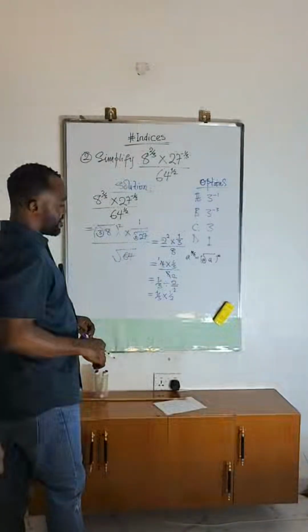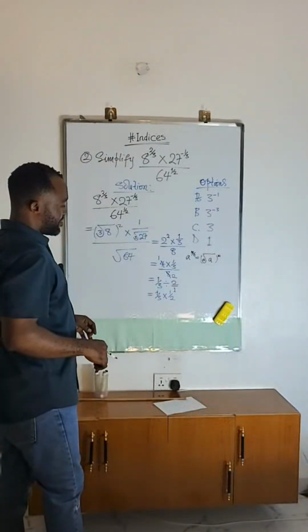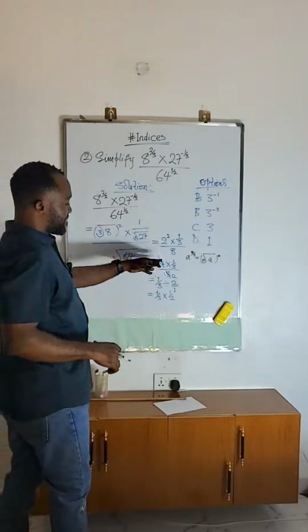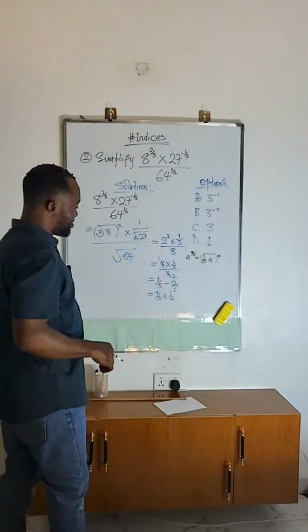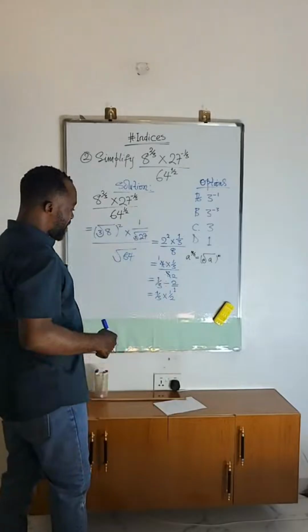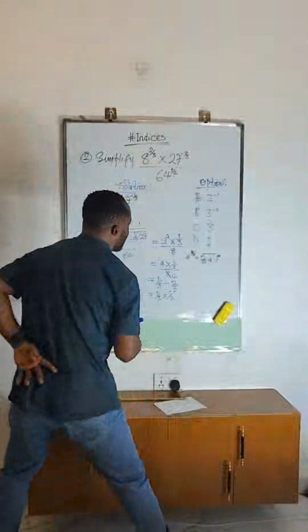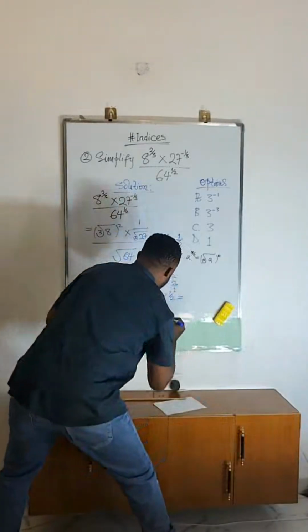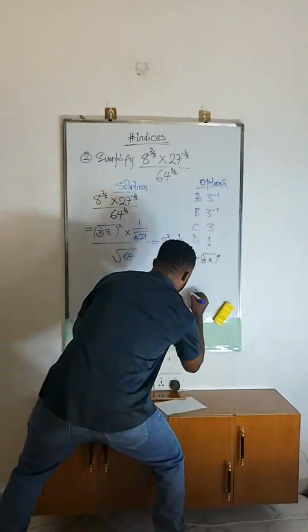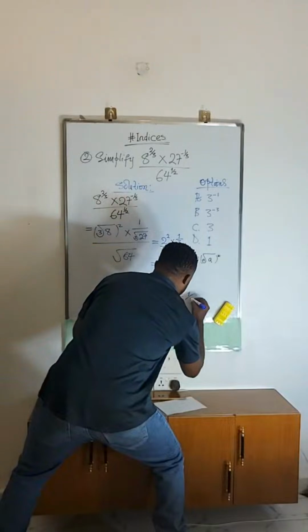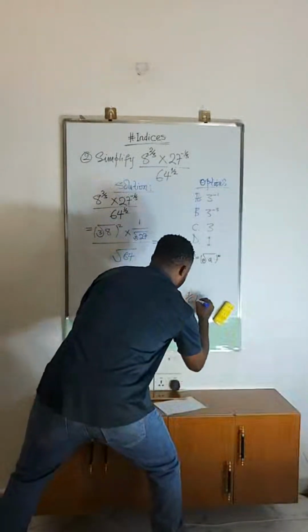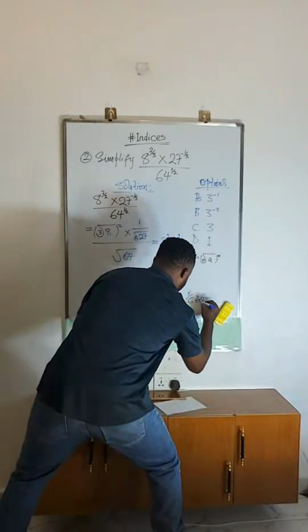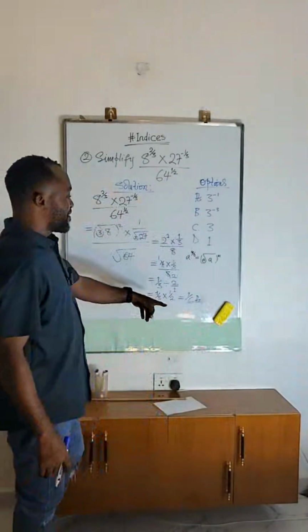Can you see that? 1 over 3 divided by 2 is simply 1 over 6. 1 over 6 is the answer.